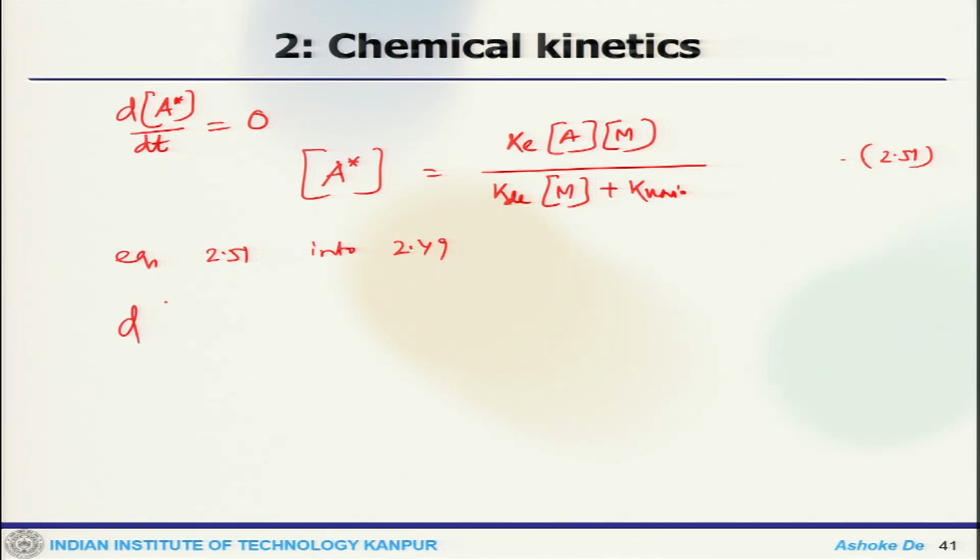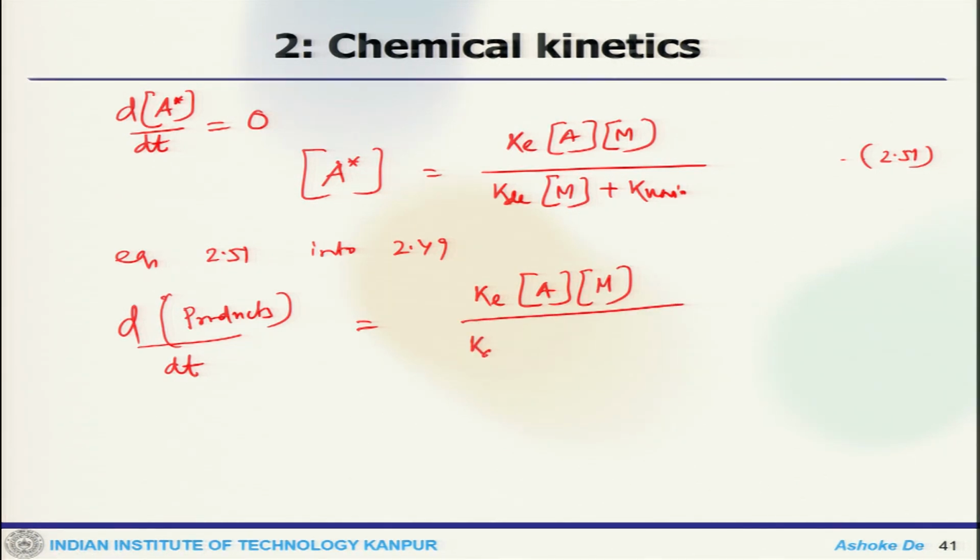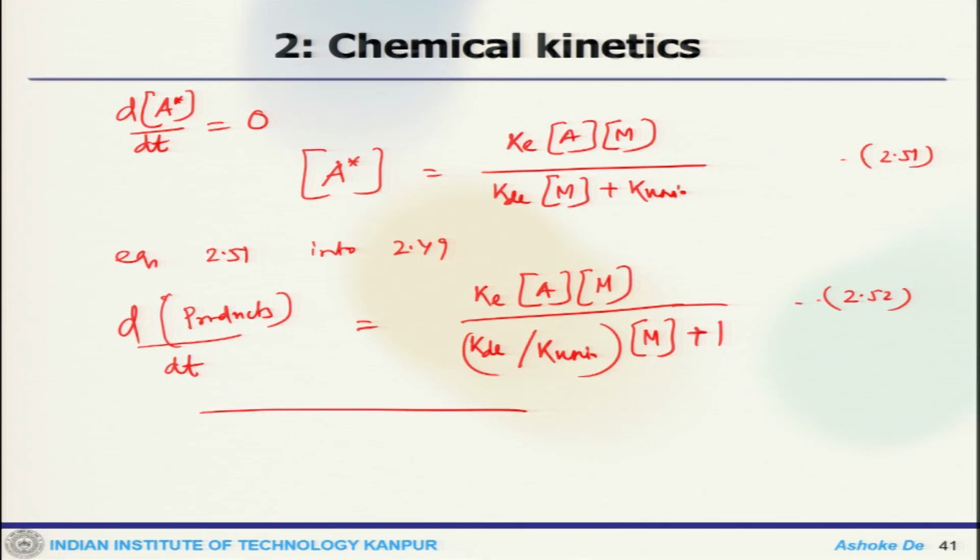So, what we get, d products by dt equals to K E A m by K d E m by K unimolecular plus 1. So, that is what you get for the products rate.